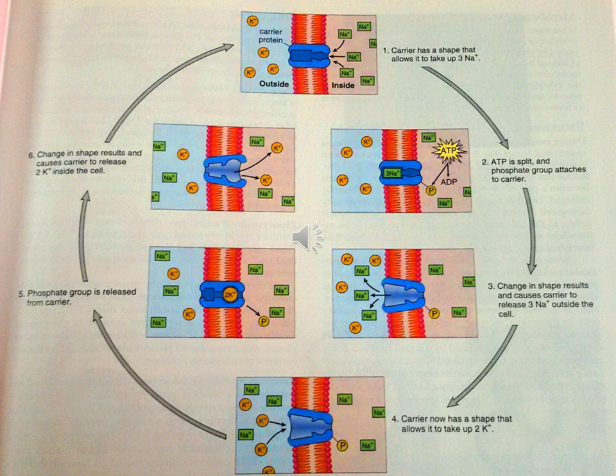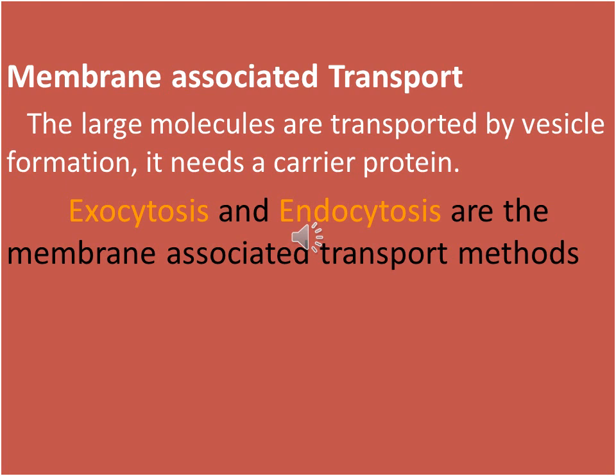By this transport method of sodium and potassium, the nerve impulse or the neuromuscular order is transported from neuron to neuron or from neuron to muscular fibers respectively. Membrane-associated transport. This method is used to carry macromolecules, large molecules such as polysaccharides or polypeptides, which are too large to be transported by carrier proteins.